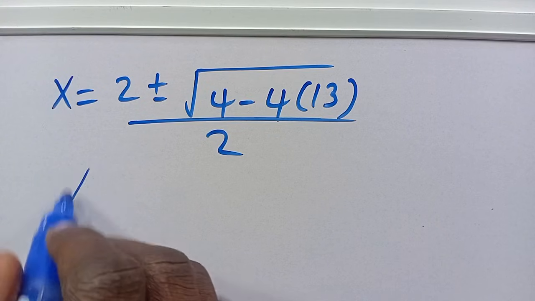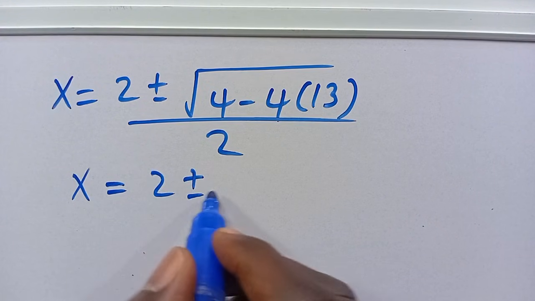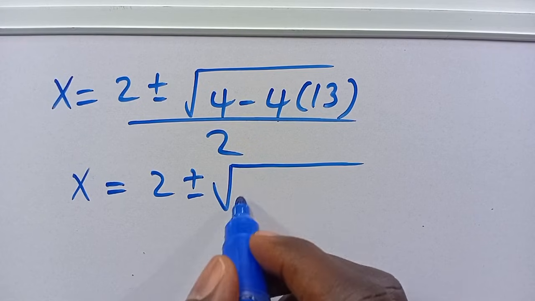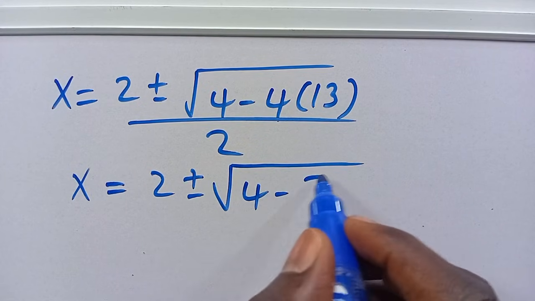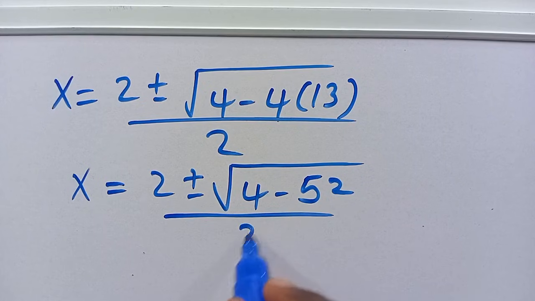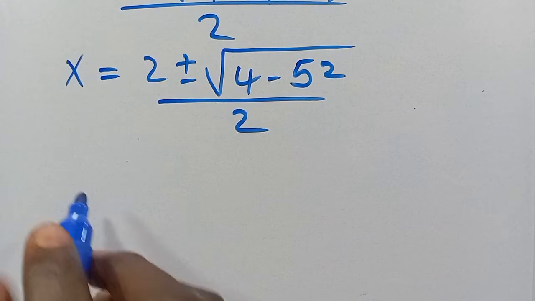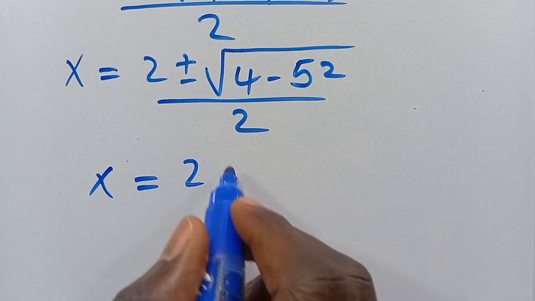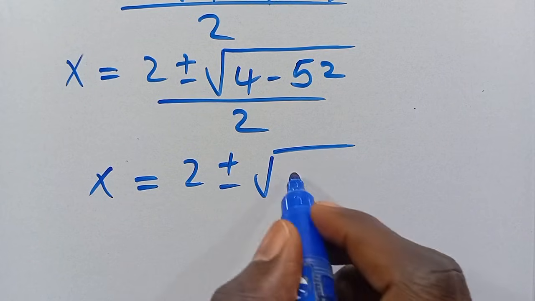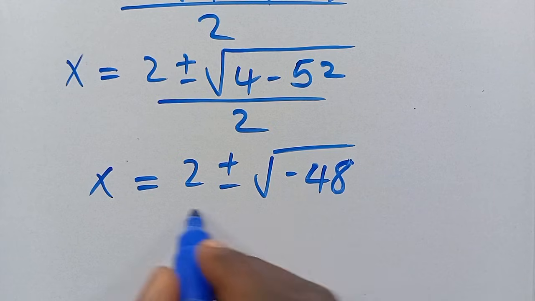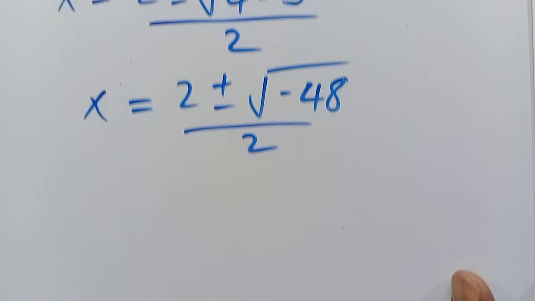So from here we have x equals 2, positive or negative root of 4 minus 52, divided by 2. We have x equals 2, positive or negative root of minus 48, divided by 2.